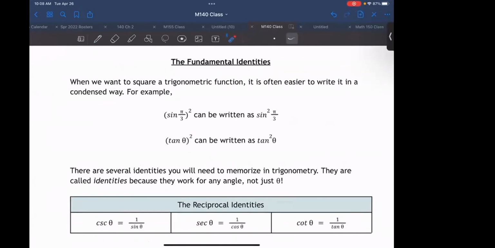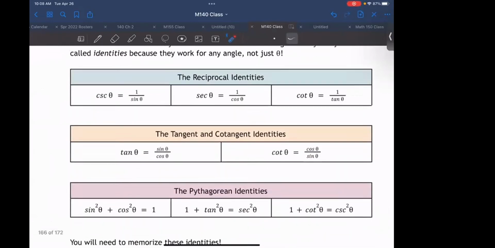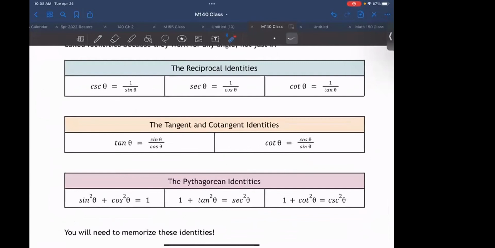Let's talk about the fundamental identities. I know it looks kind of crazy. Don't freak out when you see this, okay? We have a bunch of different things called identities. What these do is generalize properties of sine, cosine, tangent, cosecant, secant, and cotangent for any angle instead of just, I don't know, pi over 3 or 7 pi over 6, okay?